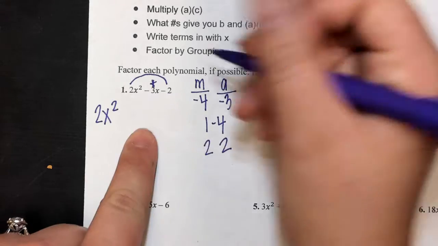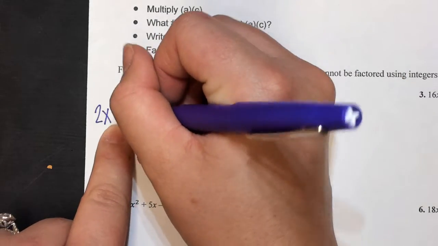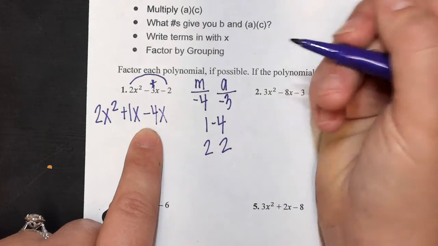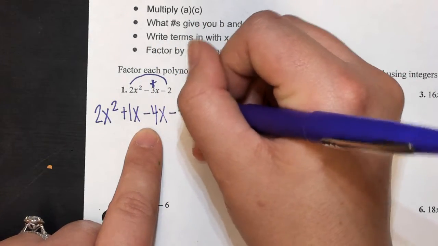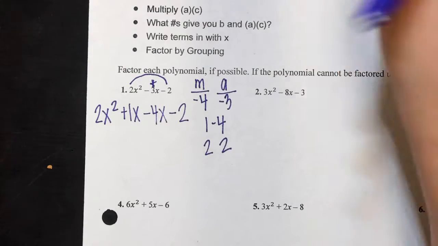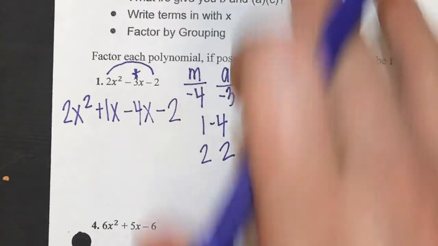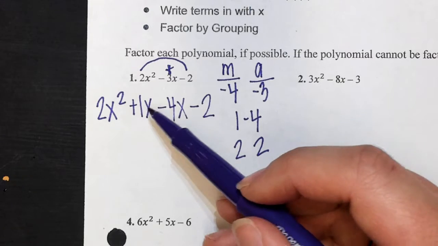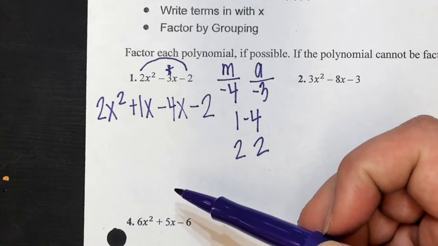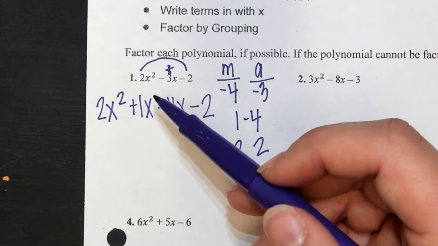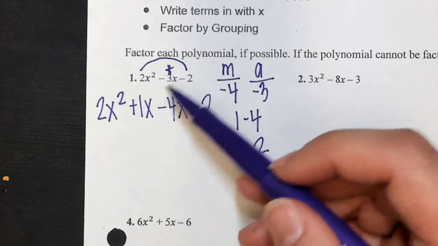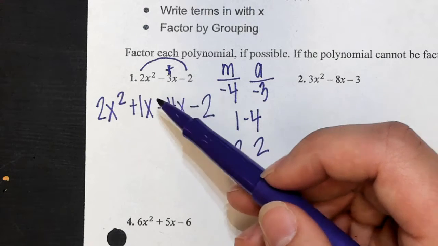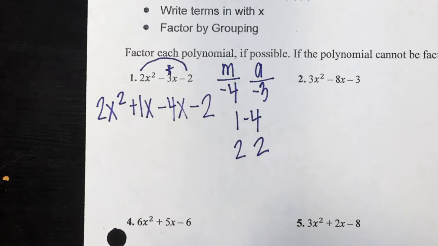These two numbers are 1 and -4, so put +1x minus 4x minus 2. I just brought the last part down. The only thing that changed was B, the middle term. What is 1 minus 4? It's -3. So look, it's the same thing. It means the same thing. The only difference is that I'm busting it into two terms.